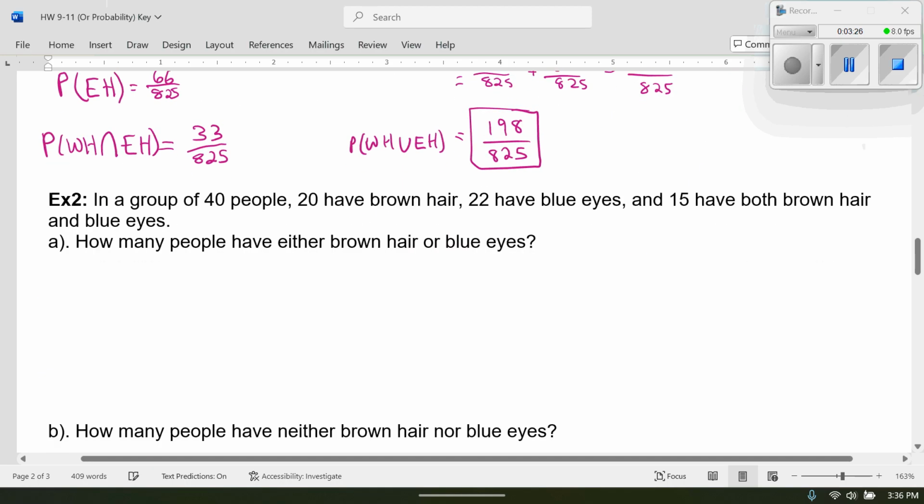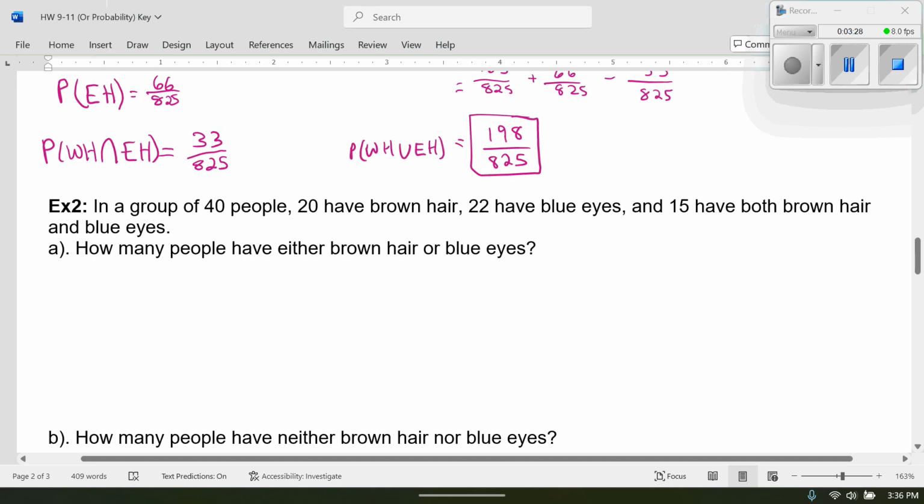Let's try another one. In a group of 40 people, 20 have brown hair, 22 have blue eyes, and 15 have both. This is AND probability. Brown hair and blue eyes. How many people have either brown hair or blue eyes?